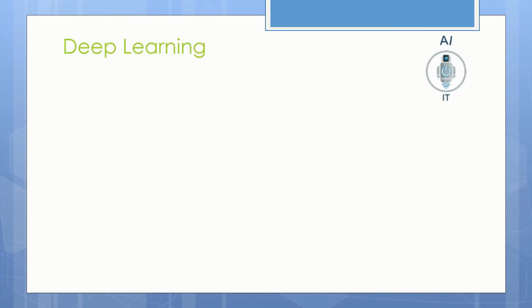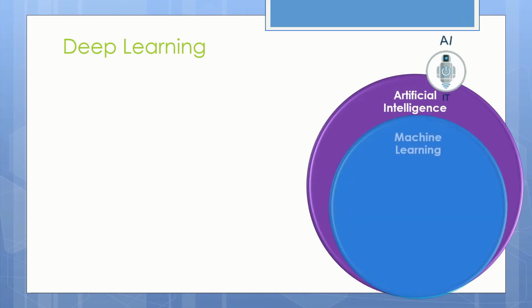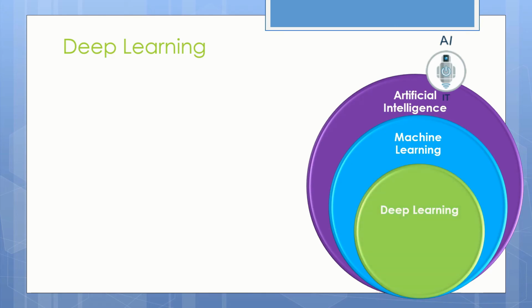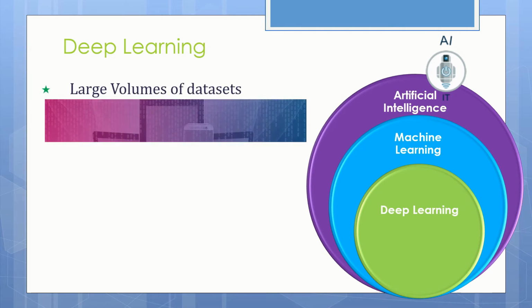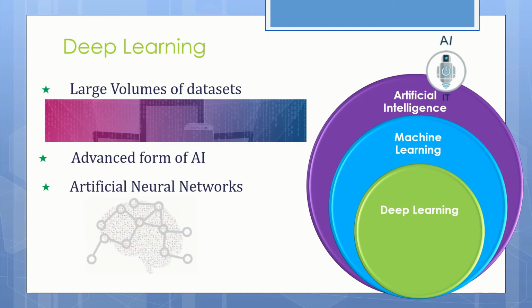The third one is deep learning. Now, what is deep learning? This is a subset of machine learning that enables the software to perform the tasks with huge amounts of data. Now, this is the advanced form of AI, and it makes use of artificial neural networks.